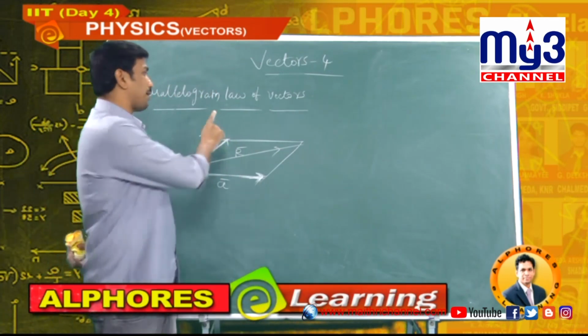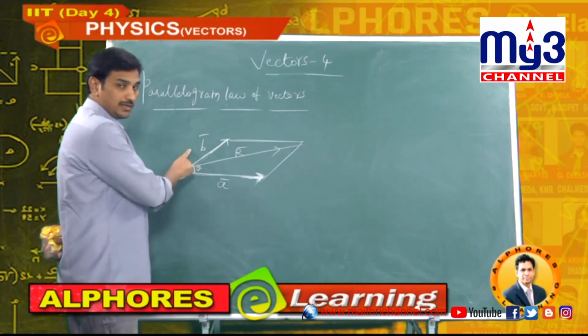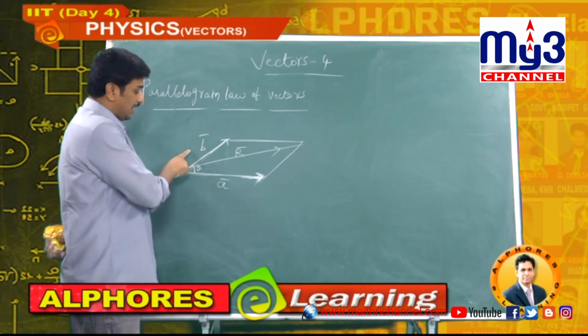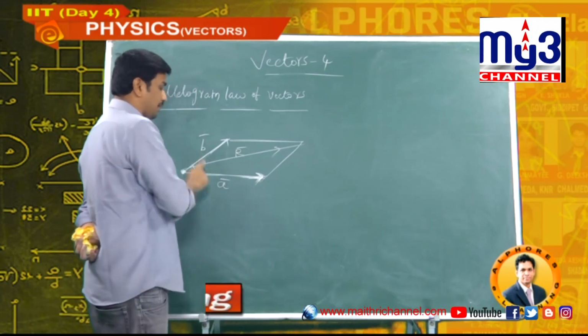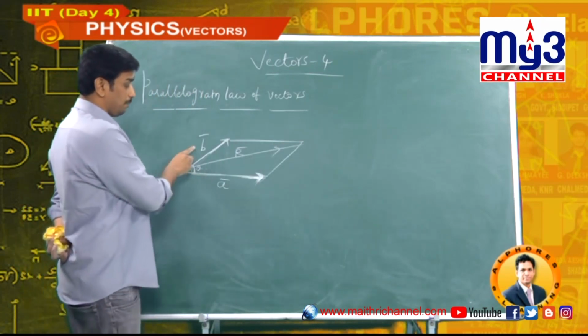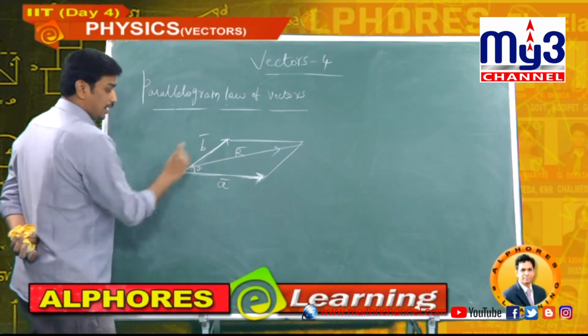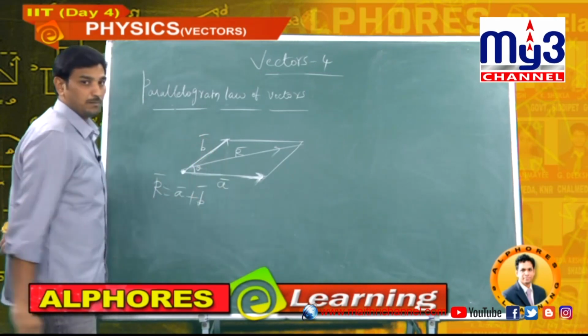Now in the case of parallelogram law of vectors, two sides of the parallelogram represent two vectors and these two have some angle theta. Now the resultant of A bar and B bar is the diagonal of the parallelogram. A bar, B bar, resultant is R bar. Now R bar is equal to A bar plus B bar.